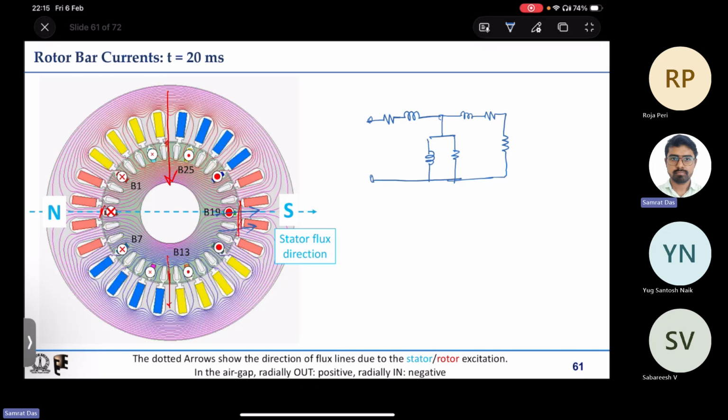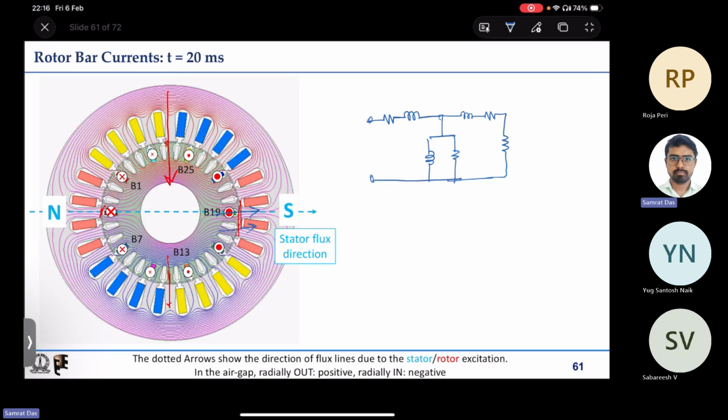So that is the steady state equivalent circuit of the induction machine, by referring everything to the stator. Now we can do it in a different way also, like that is very commonly done for synchronous machine. The same thing can be done for induction machine also, just for the sake of discussing this.